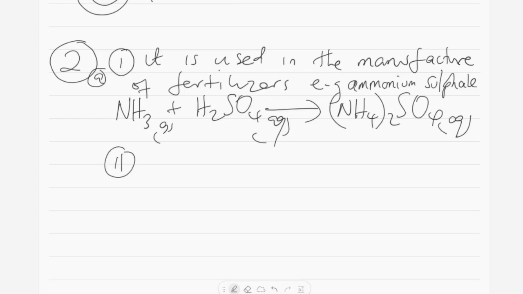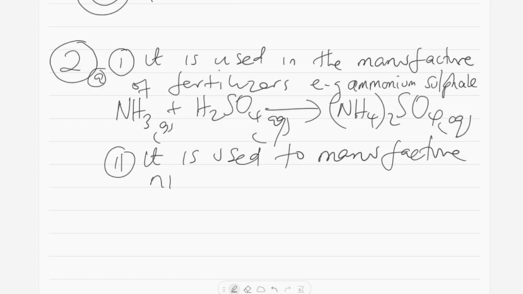Apart from that, the main use of ammonia is that it is used in the Ostwald process in the manufacture of nitric acid. So we can add to say it is used to manufacture nitric acid.